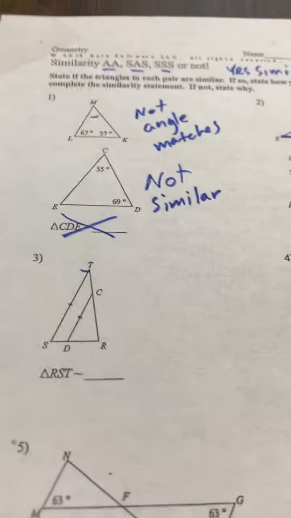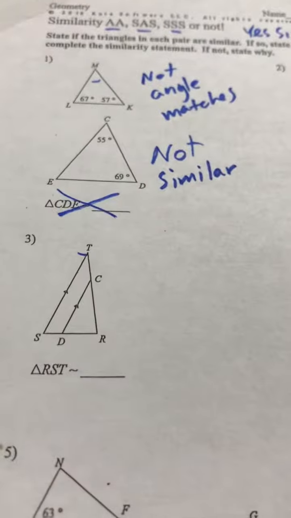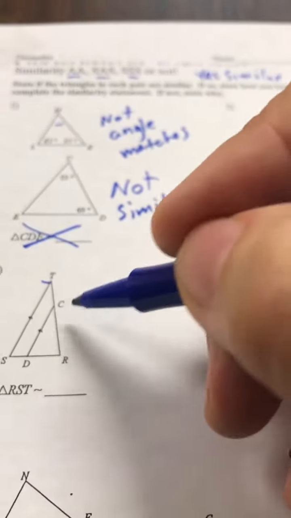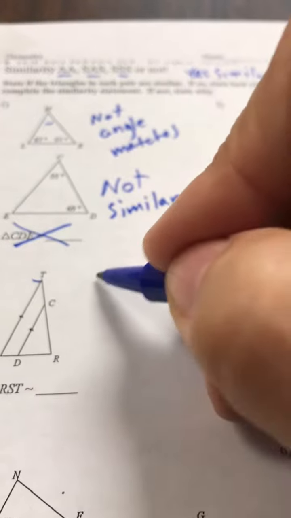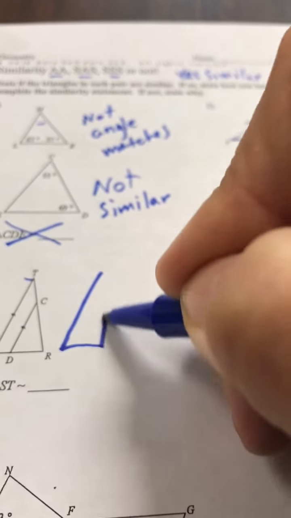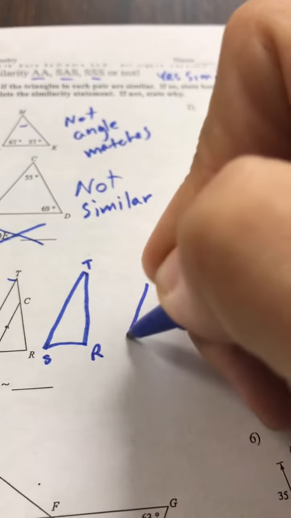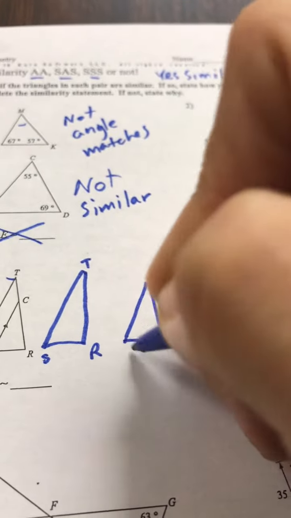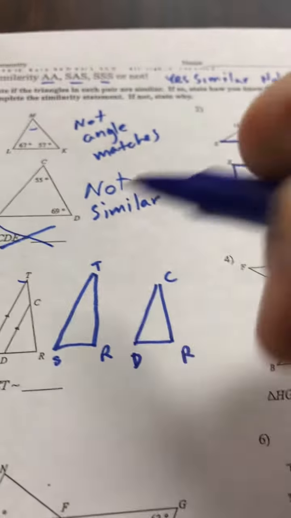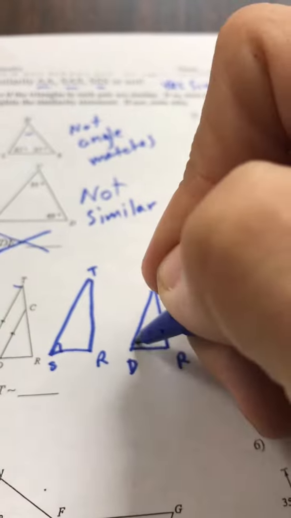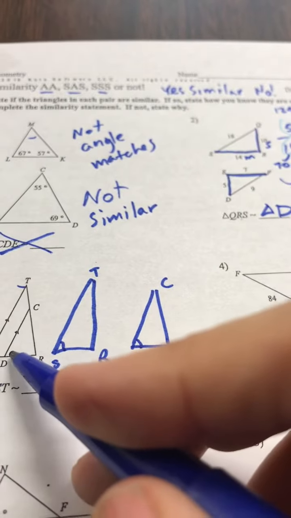Okay, next one. Ooh, they laid it on top of there. So interesting. There's some interesting evidence here. I'm going to redraw the mom, STR, and redraw the baby, CDR. Now these are parallel. So what that means is those would be corresponding angles. So I actually know that those two angles would have to be equal.